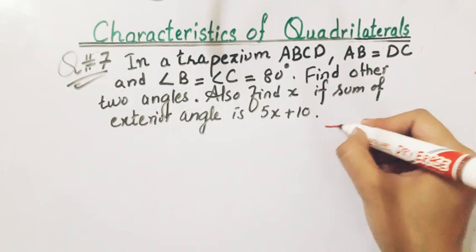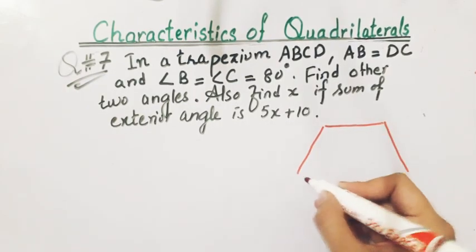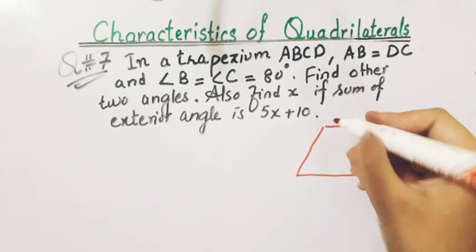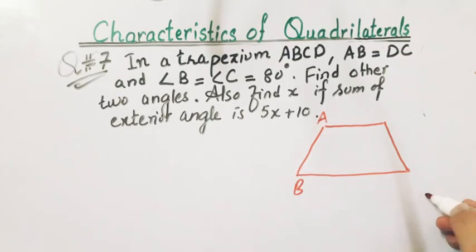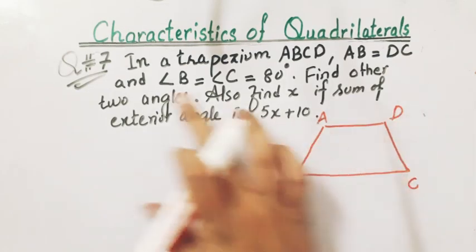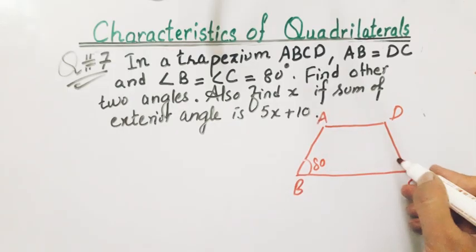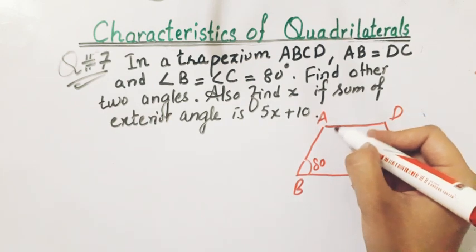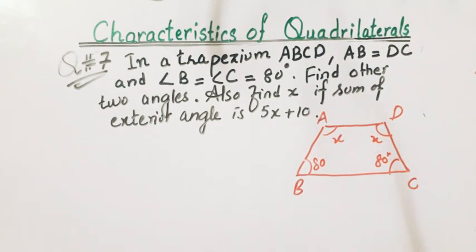This is like this one. Now consider this is A, this one is B, this one is C, and this one is D. Given that angle B and angle C, this angle is 80 degrees and this angle is also 80 degrees. And you have to find the value of x. This is x, this is x.